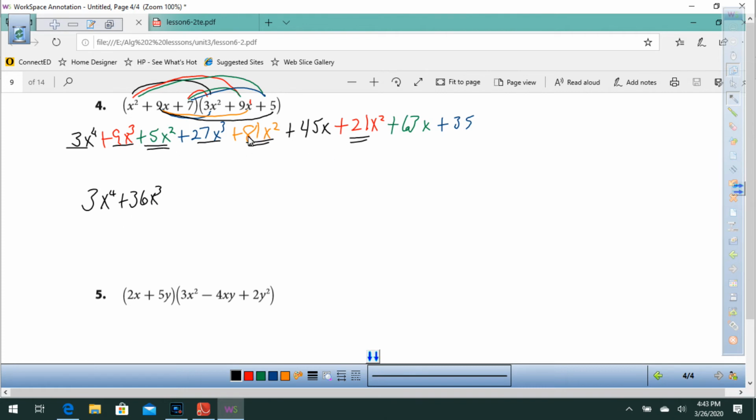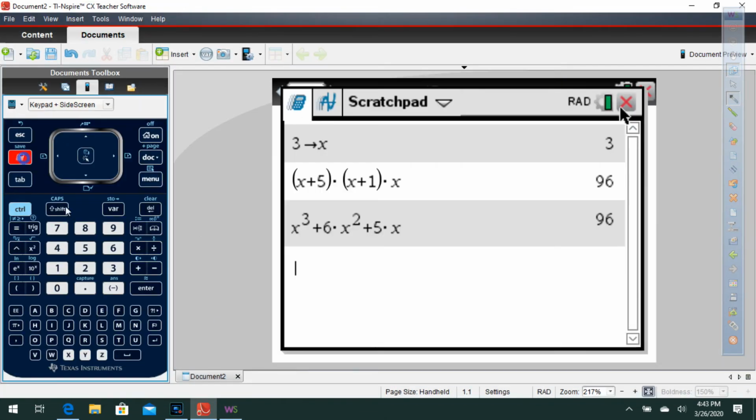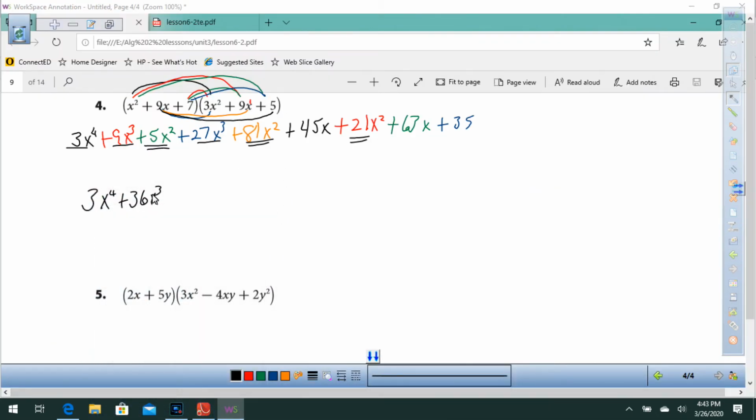Okay, so we got 5 and 81 and 21. 5 plus 81 plus 21, 107. So that's going to be plus 107x squared.